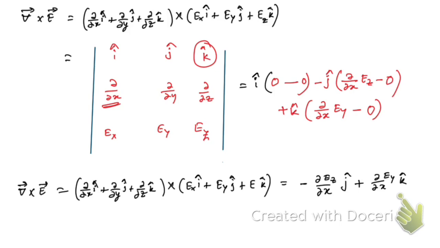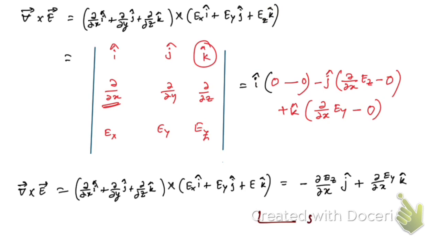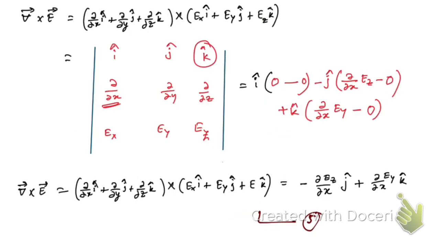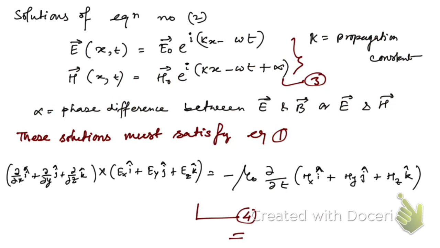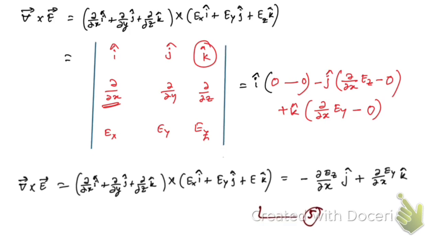This is, suppose, equation number, what was the last equation? 4. Now this is equation number 5. Now you see, from equation number 5 and equation number 4, let me copy equation number 4 and write here. Just give me a second.